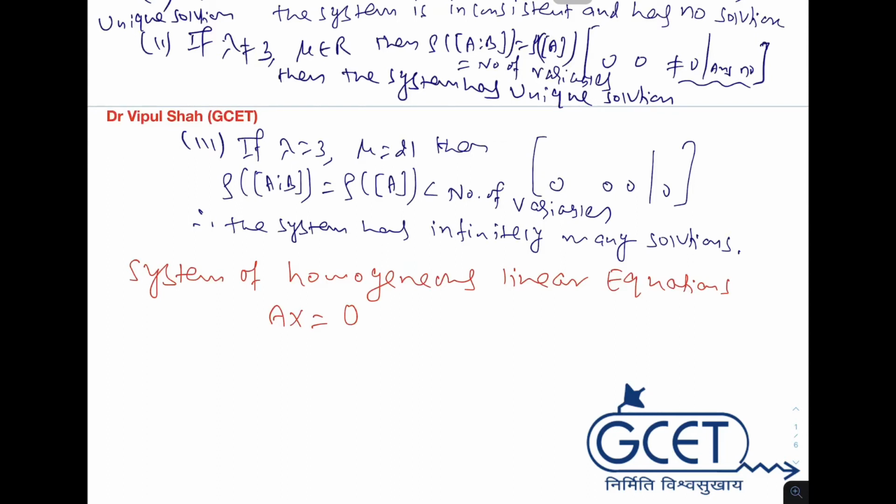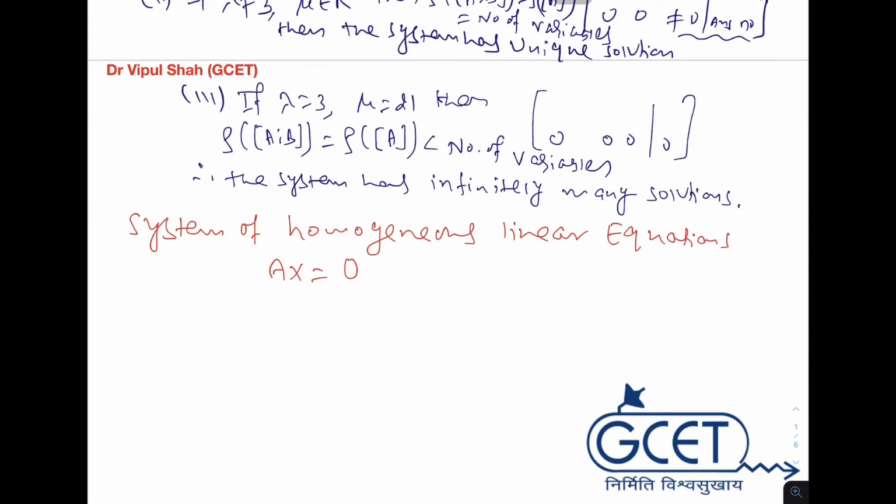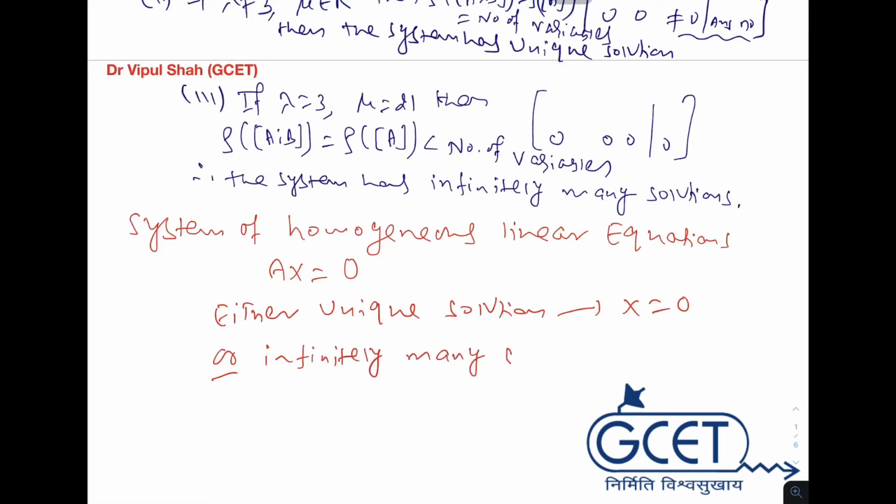Now if a system is homogeneous, then we have its solution in only two ways, either a unique solution, because this system can never be inconsistent, and if it is a unique solution, then it must be that all the variables are 0, or infinitely many solutions. Okay, here there is no case of no solution. This is always a consistent system.